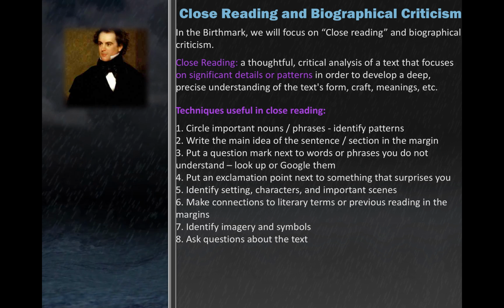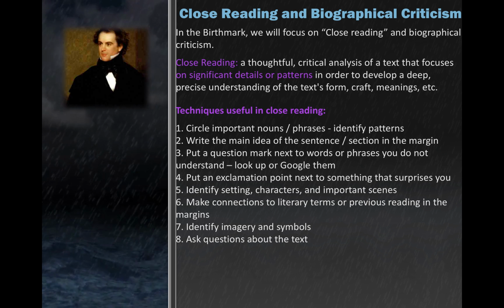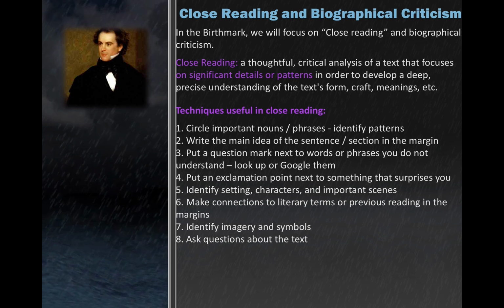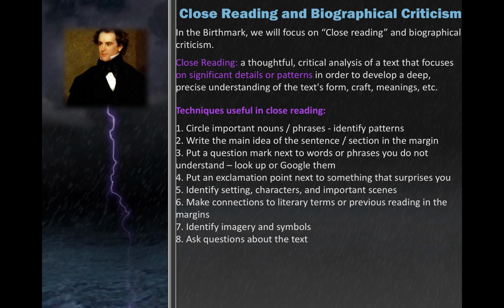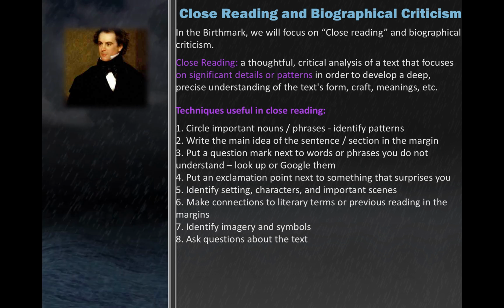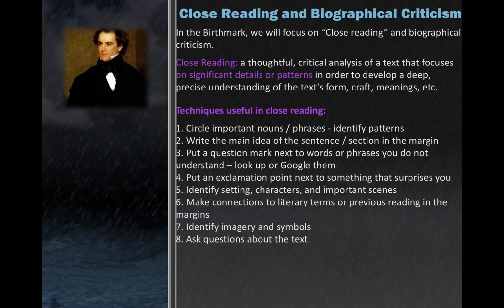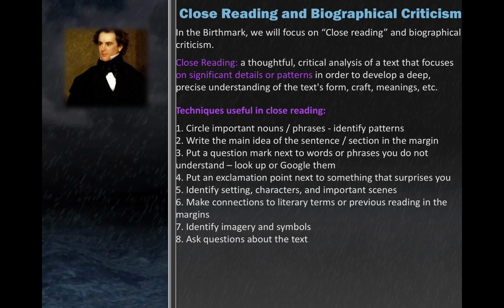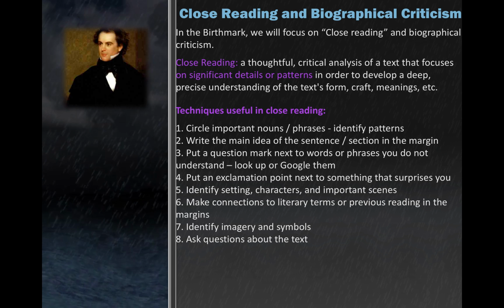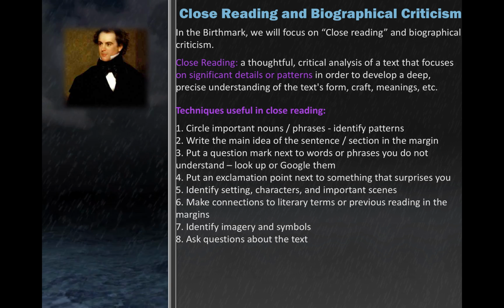Okay, so there's not just one way to do this, but I want to give you a process most of us use who are literary critics who study literature. One, circle important words. Look for nouns or phrases that seem important, and circle them as you read.